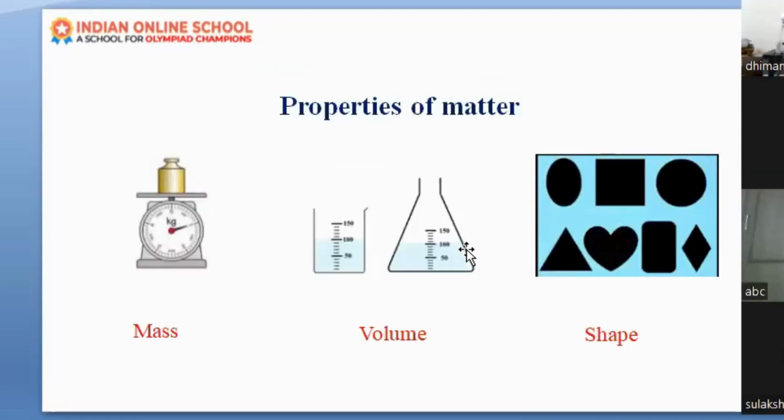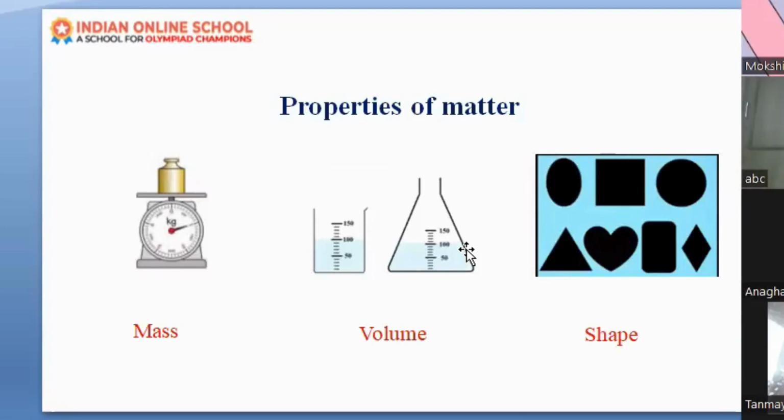So here comes the new thing in the picture, that is molecules. Now, what are molecules all about? Such a big name, molecules. So what are molecules, students? If I'm talking about the human body, what is the human body made of? Ma'am, the human body is made up of atoms. Very nice, so intelligent students. The human body is made of tiny material or particles that are known as cells.